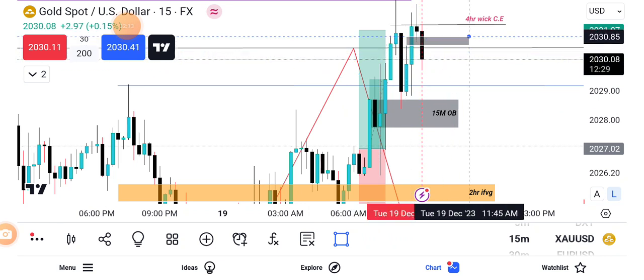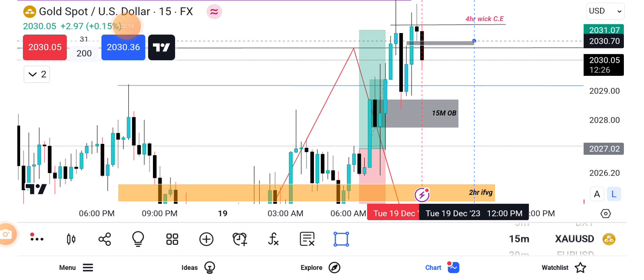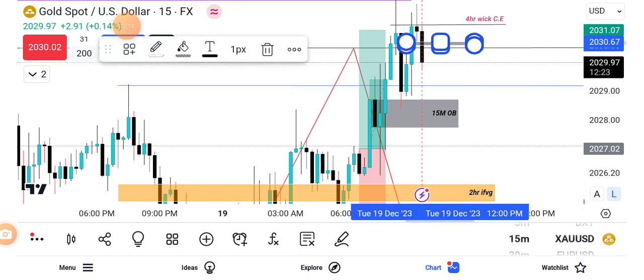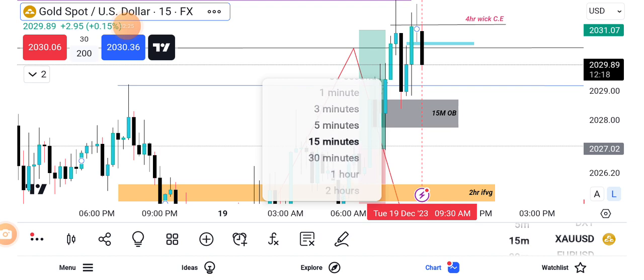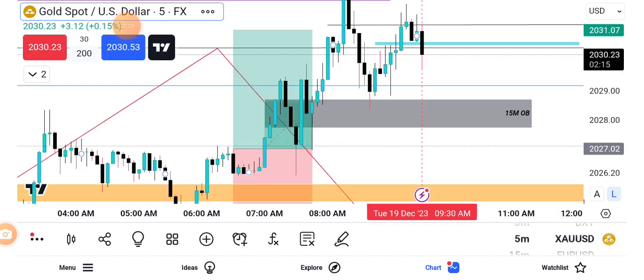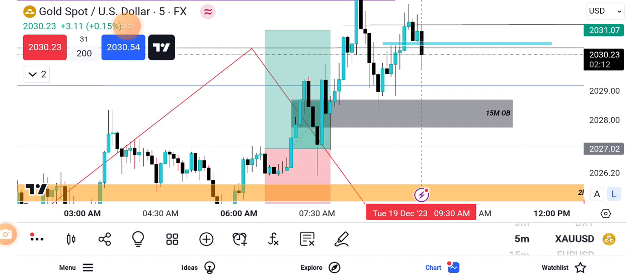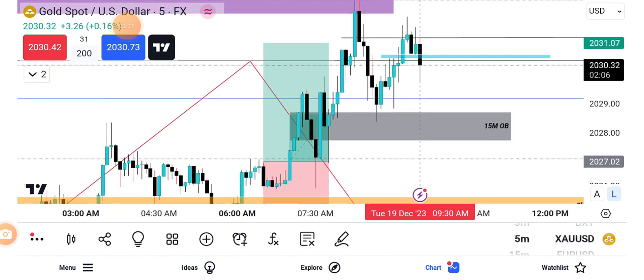That candle over there, we have that 15 minute fair value gap, and these act as an order block for me. So I should be ready for trades here, but I'm not rushing anything at all.